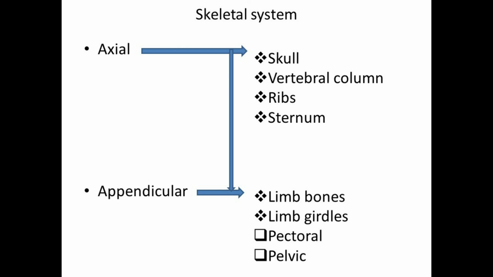The appendicular skeleton consists of the limb bones, that is the bones of the forelimb and the hind limb, as well as the limb girdles. The limb girdles support the limb bones. The limb girdle that supports the forelimb bones is called the pectoral girdle or the shoulder girdle, and the limb girdle which supports the hind limb bones is called the pelvic girdle or the hip girdle.